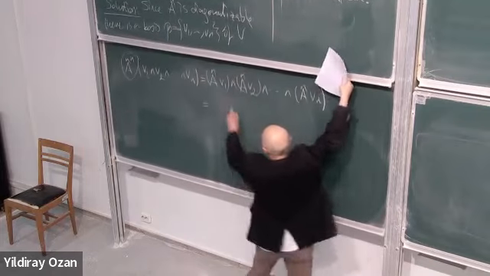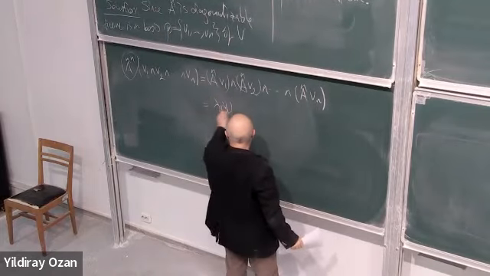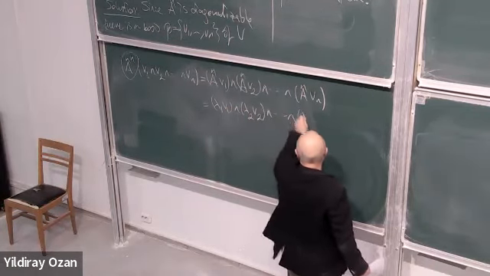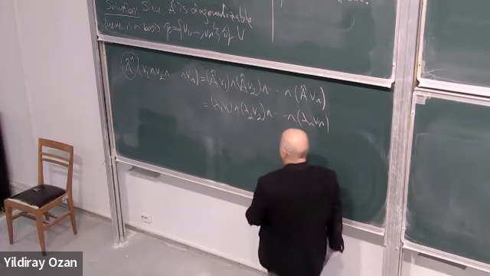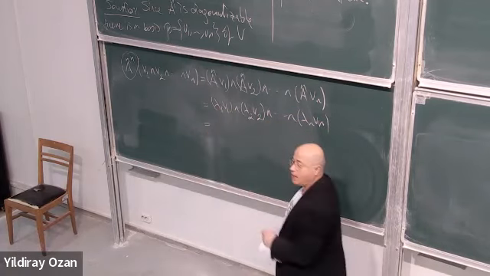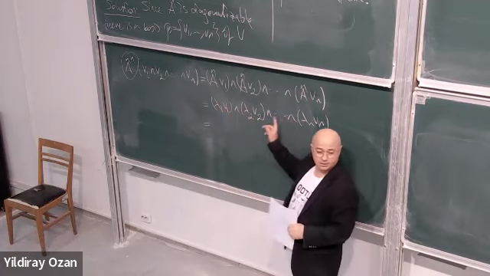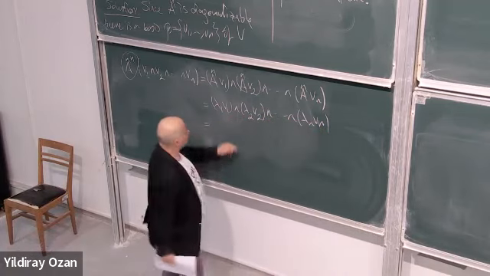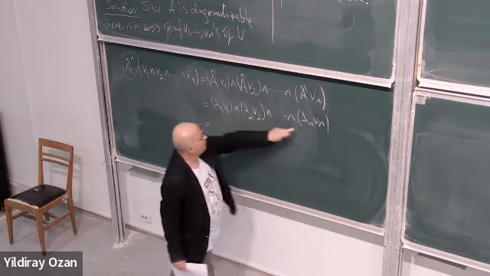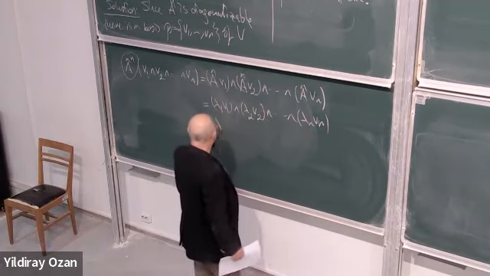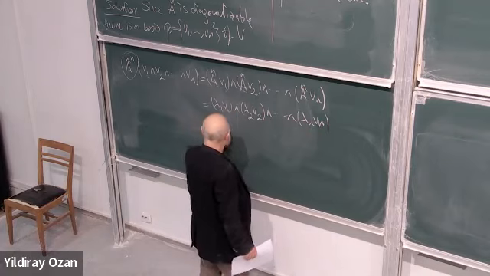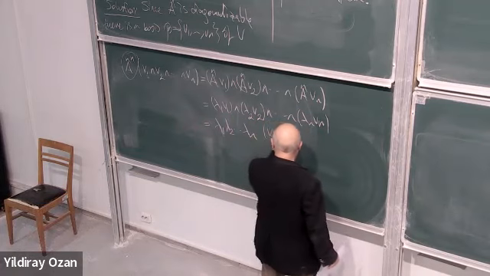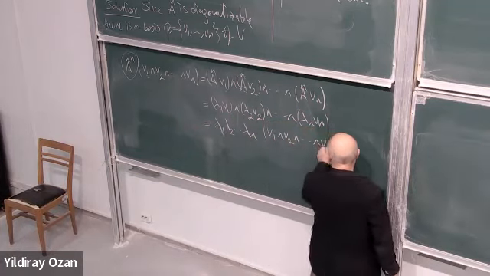So this thing is just lambda 1 times v1 wedge lambda 2 times v2 wedge lambda n times vn. Well, in the wedge product, we know that we can just take constants and slide them wherever you want. So I can just take this constant here, this constant here, and so on. So this is just lambda 1 times lambda 2 times lambda n times v1 wedge v2 wedge vn.